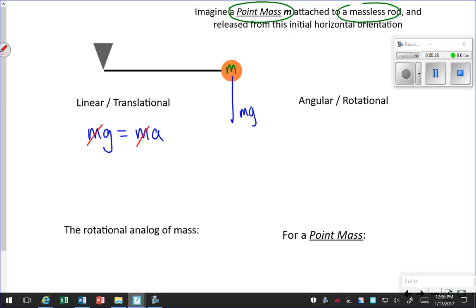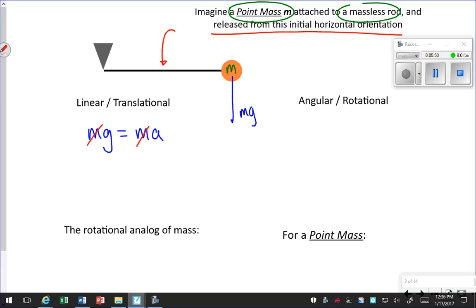That happens just for the first instant, until the rod has to start exerting a force on the ball, the point mass, to keep it moving in a circle. So this is at the instant just while it's still in this horizontal orientation.